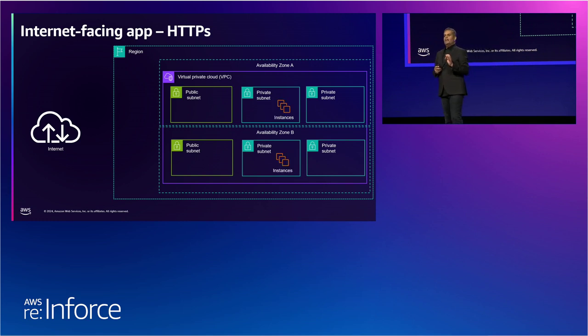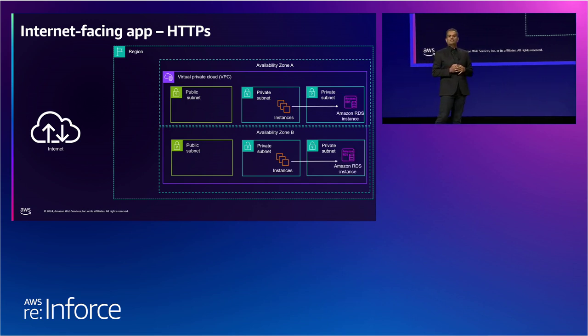Typically, you'll want the application tier or the web tier in a private subnet for confidentiality reasons, but they're typically communicating with back-end servers where they can retrieve information, write information, and so on.